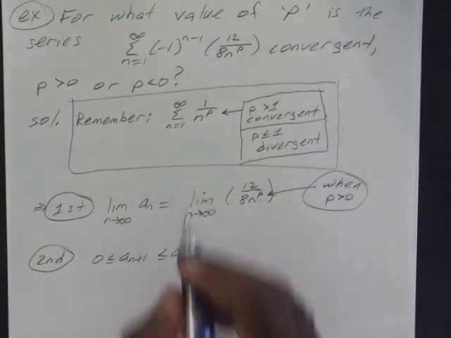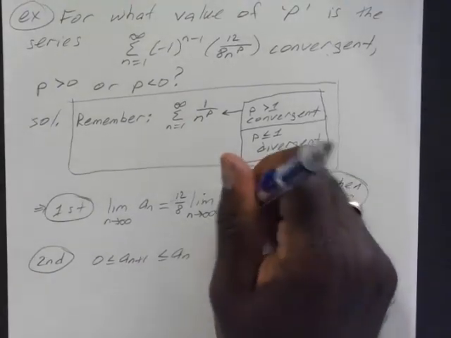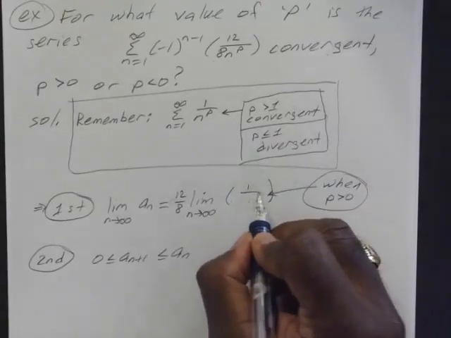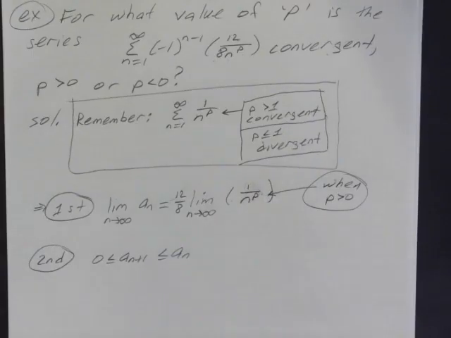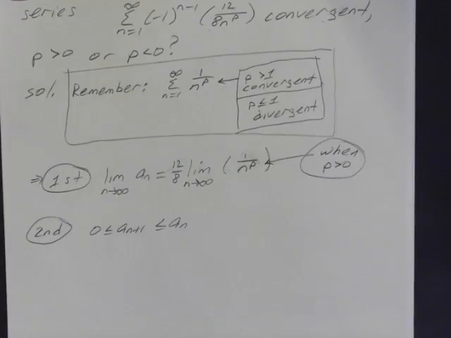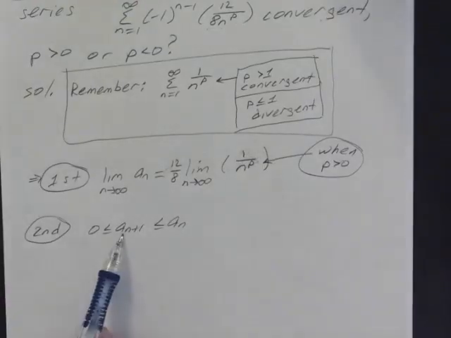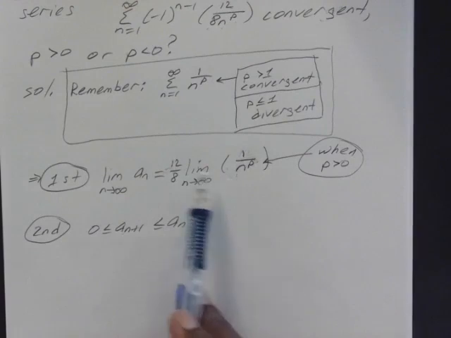So we factor that out to the front and make this 1 over n to the power of P. I'm doing that because now we can make that our a sub n plus 1, 1 over n plus 1 to the power of P, and not have to worry about the coefficient.